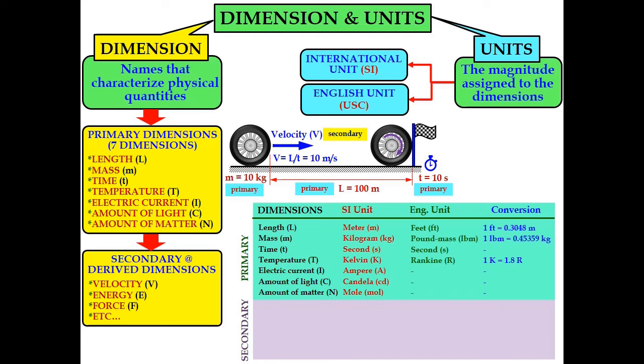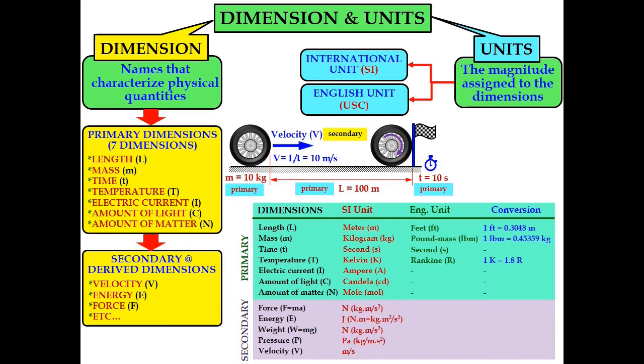However, for the secondary dimensions, these are just examples. For example, we have force, with the formula F equal to ma, energy E, weight W equal to mg. We also have pressure and velocity. So these are examples of secondary dimensions.